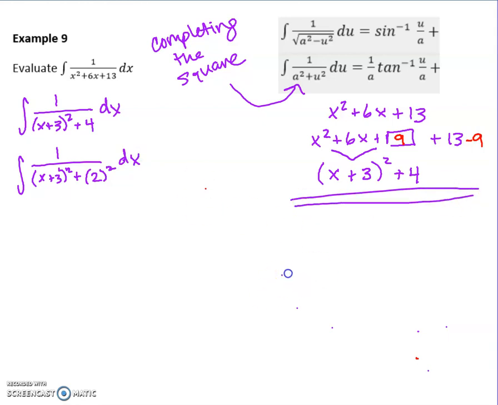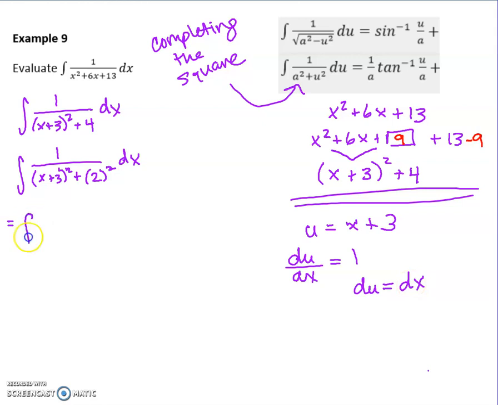So I've got my u will be x plus 3. My du over dx is just a 1, which is wonderful. So that means I have a relationship for du that's a straight relationship for dx.